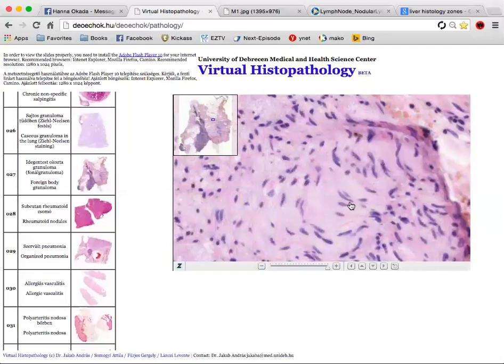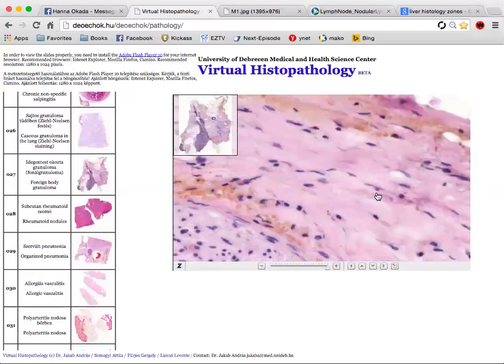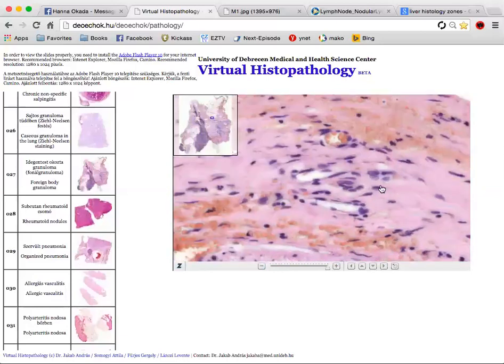Yeah. Can I see the giant cell here? Yeah, so it's something like this. If they actually show you a giant cell, it's probably going to be a close-up of it, and you can just see that it has eosinophilic cytoplasm and a lot of nuclei together.